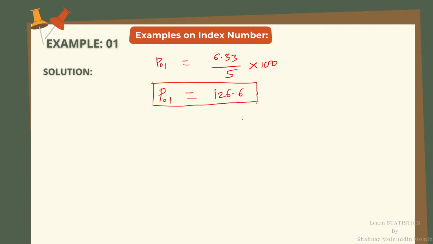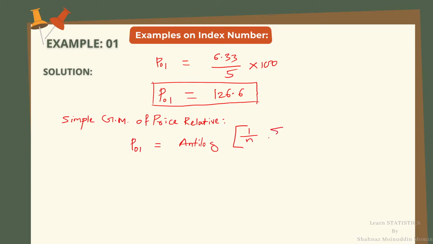Now we will calculate the simple price relative by using geometric mean, and the formula for this is P01, that is index number, is equal to anti-log of 1 upon n summation log P1 upon P0 into 100.